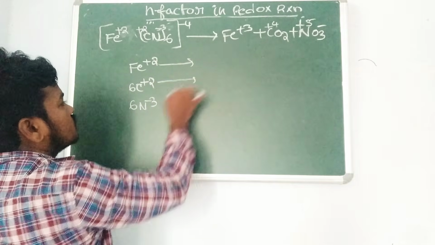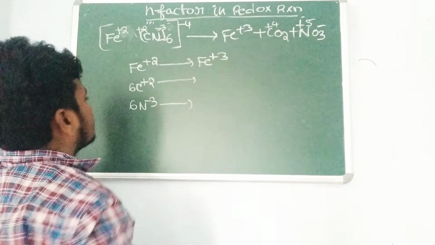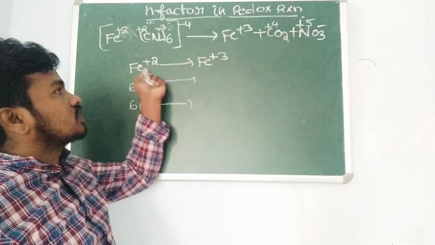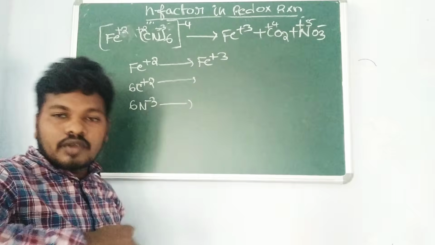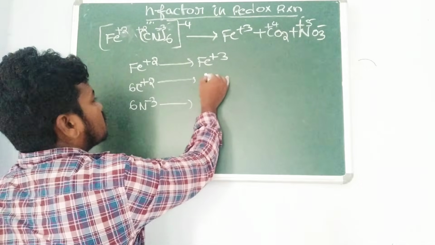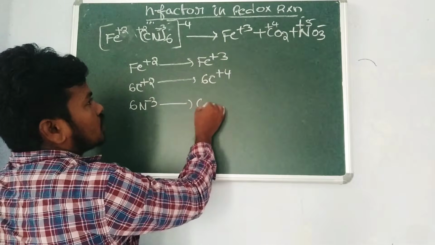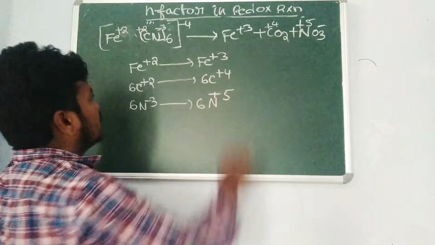So Fe +2 is changed to Fe +3. Whatever carbon atoms are on the reactant side, the product side will also have the same 6 carbons. So 6 carbon +4, and here also 6 nitrogen +5 will be there.